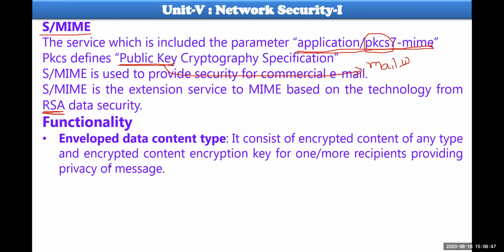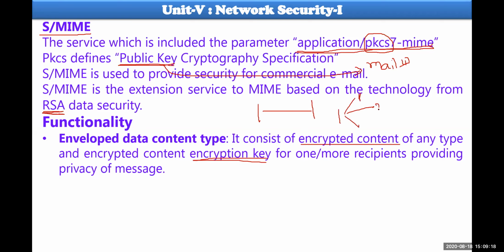You have encrypted content, and the encryption key is also packed together, and they are sent to one or more recipients. Previously in MIME only one-to-one communication was possible, so one user could send a mail to only one user. But right now, from one user you can send to approximately 500 people.